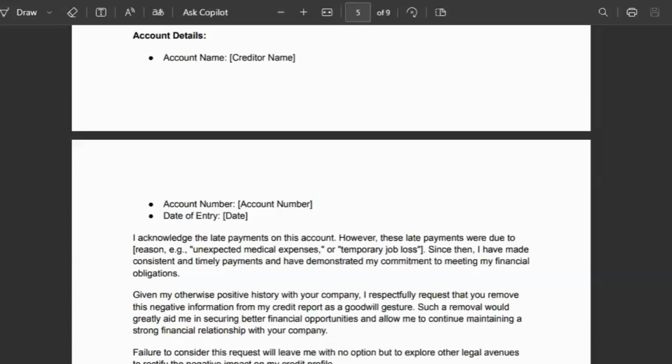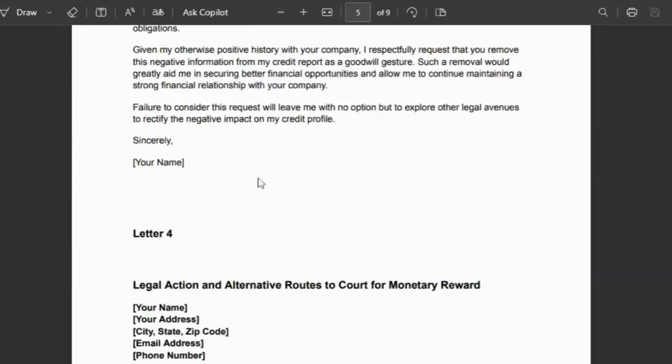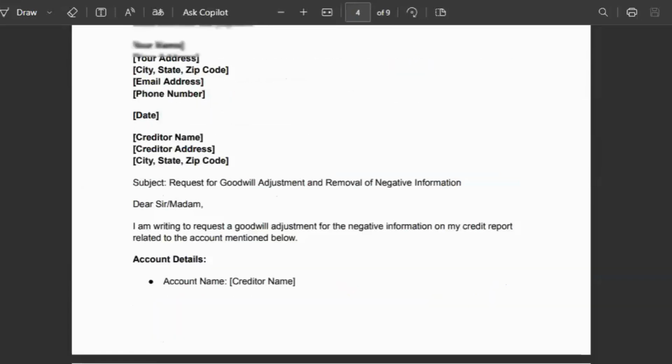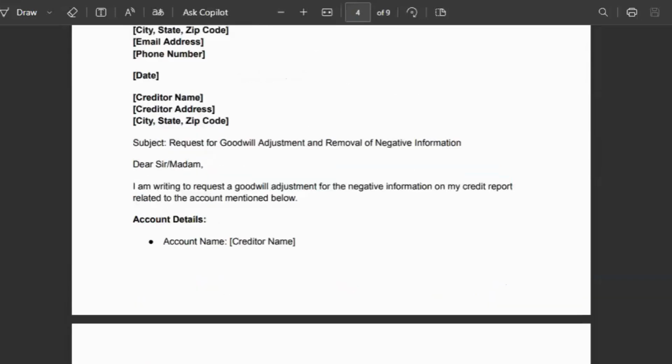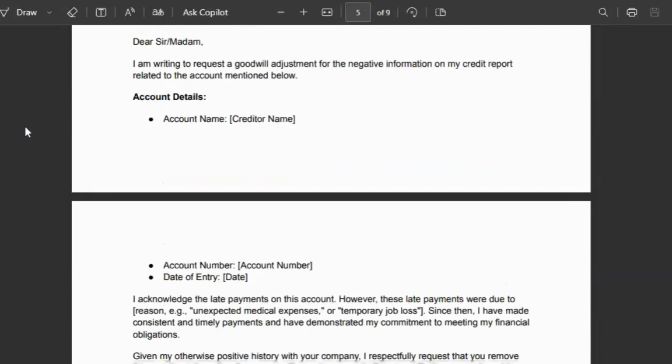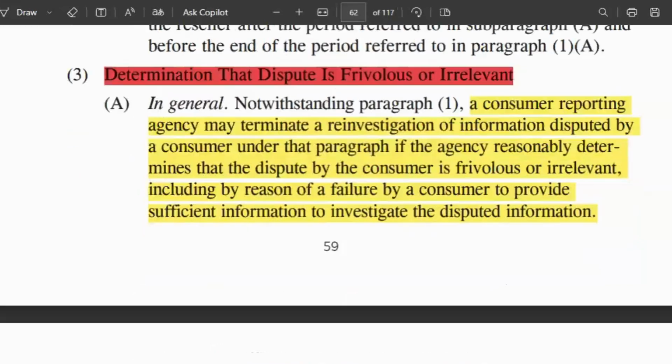And if you still see inaccurate information, then from there, my friend, I want you to go ahead and send out your response letter, which is going to be letter number 3, right? And I want you to mark up that particular documentation because that's going to be part of your evidence. You're going to send them back a response letting them know that you still see discrepancies on your report.